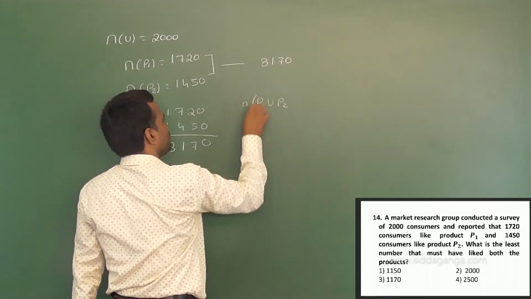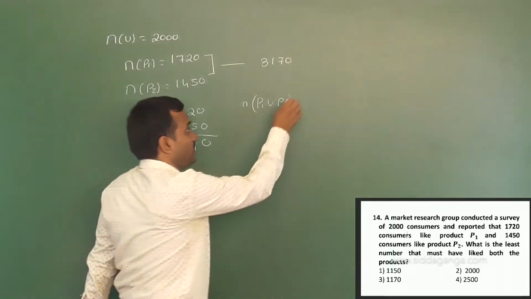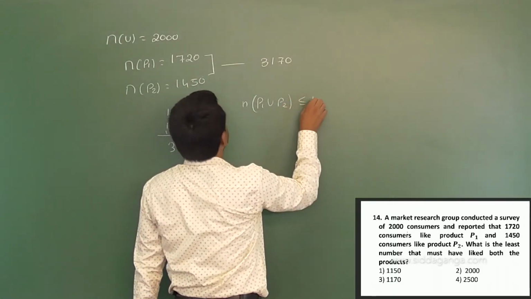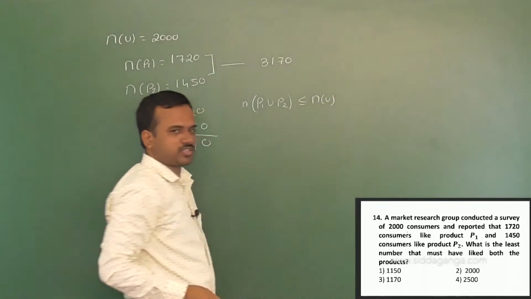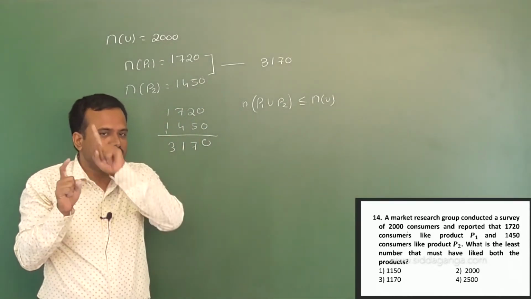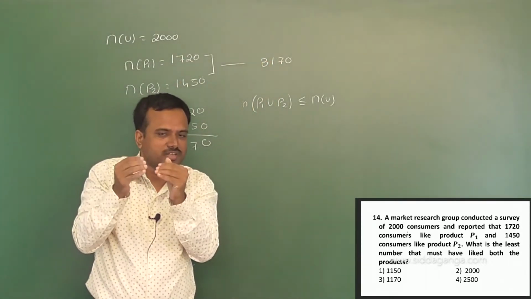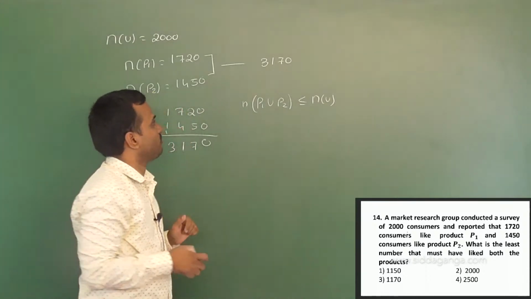N of P1 union P2 is always less than or equal to what? N of U, because the universal set is the big set. It is not greater than N of U. It is always less than or equal to N of U.